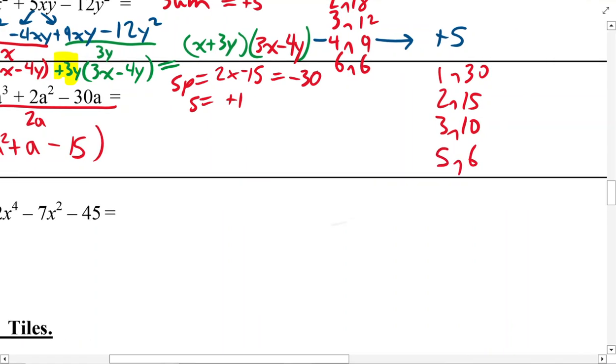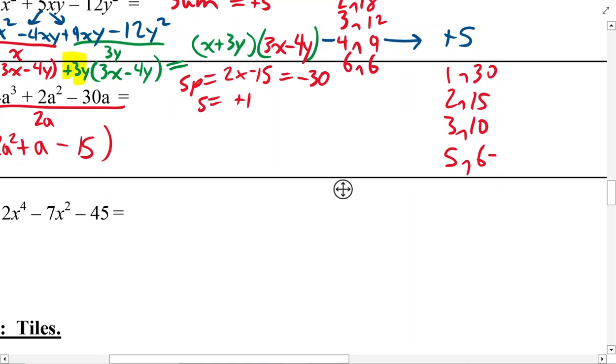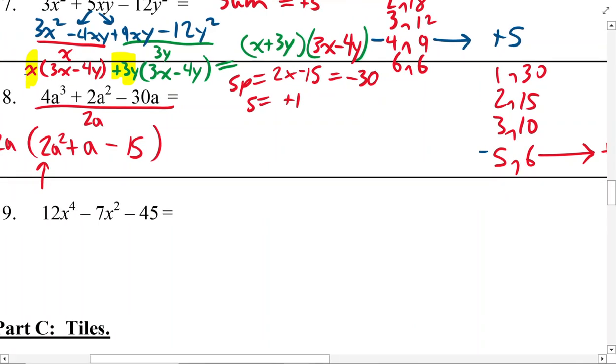Okay. So which combination is going to get you a plus 1? Right here. 5 and 6. That'll get you your plus 1. Only if what? Yeah, negative 5. Okay. So we're going to split that apart then. Now I'm going to work just with this part. I'm not going to forget, though, the minus 2a over there.